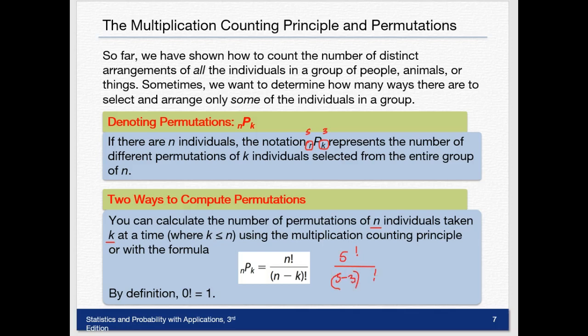So that's really just 5 factorial over 2 factorial, and we'll crank out those numbers later. Don't let this confuse you. The counting principle works just as fine. Now, by definition, 0 factorial equals 1, if you ever needed to know that. So write that down.